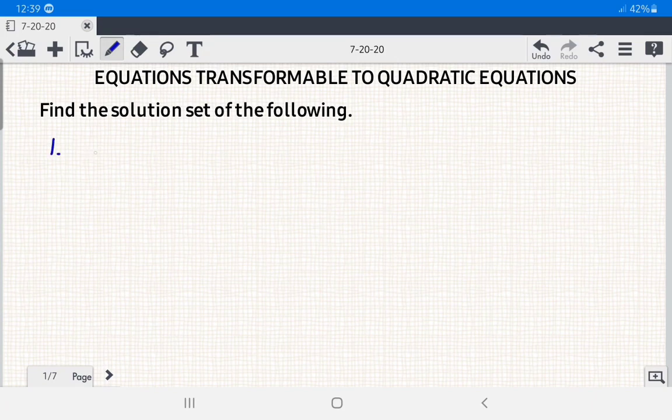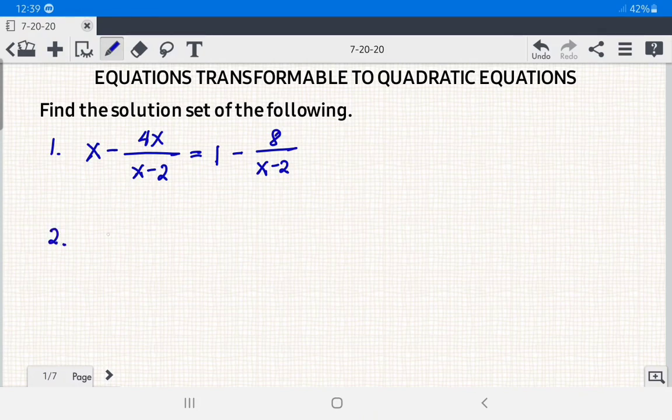We have for number 1, x minus 4x over x minus 2 equals 1 minus 8 over x minus 2. Then number 2, we have 3 over x plus 5 over x plus 4 equals 1.